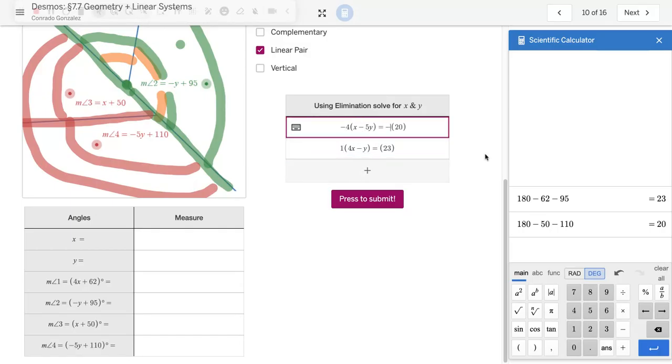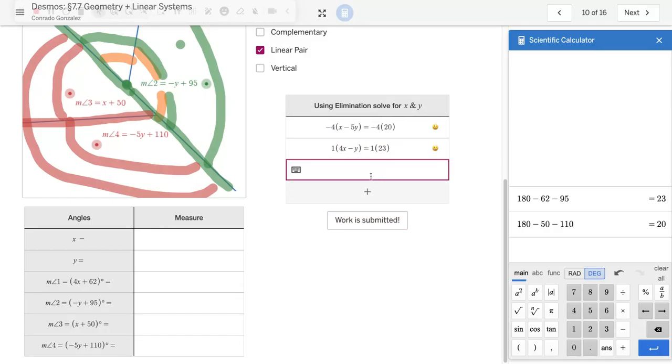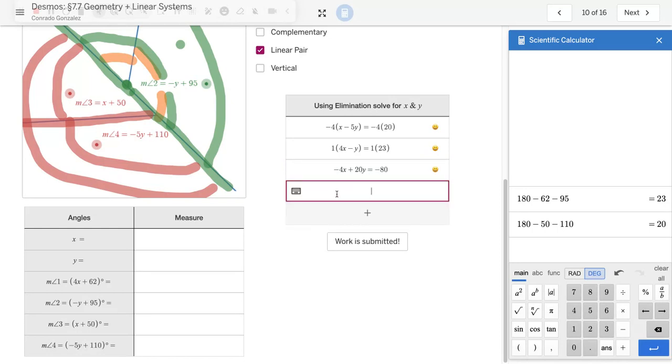So this one I multiply by negative 4, and this one by 1, so the second equation doesn't change. The first equation becomes negative 4x plus 20y equals negative 80, and the second is 4x minus y equals 23.